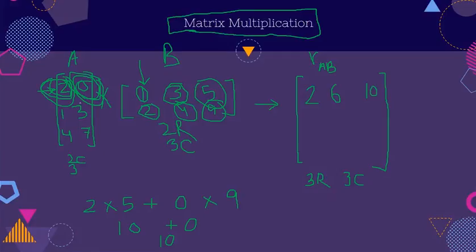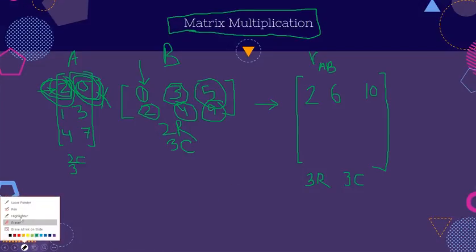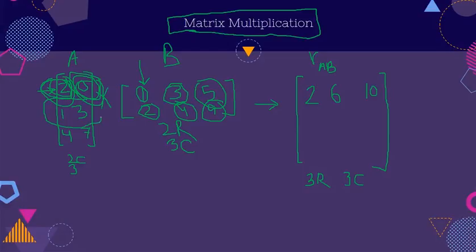Then we do this for each of the rows present in matrix A. For each row present in matrix A, we multiply with each of the columns present in matrix B. We take this row of matrix A, multiply it accordingly with each of these columns, and write the result here. For the next row, I'll work quickly.